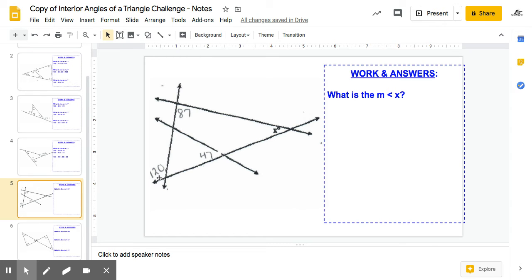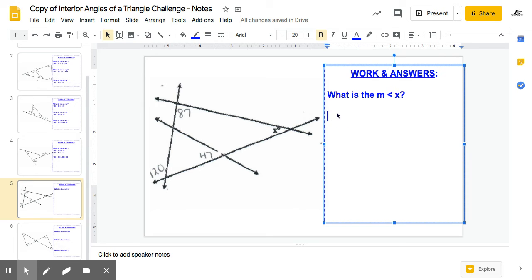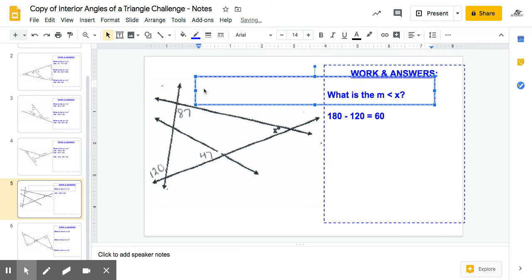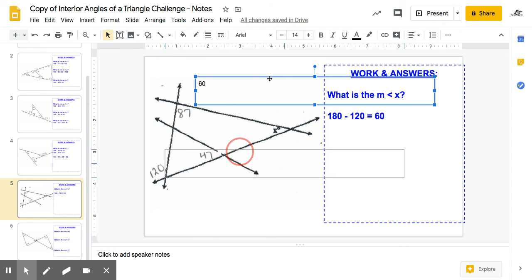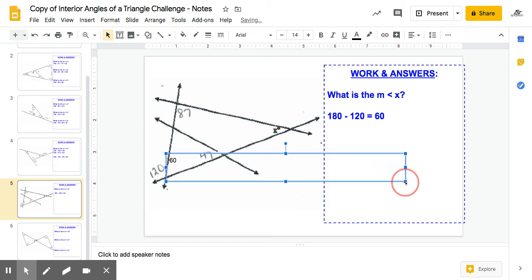This 120-degree angle and this angle inside the triangle are supplementary angles, so together they have to add up to be 180 degrees. So I can subtract 180 minus 120, which gives me 60. That tells me that the measure of that angle in the triangle is equal to 60 degrees.